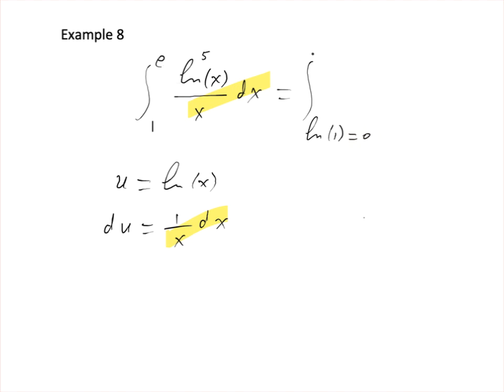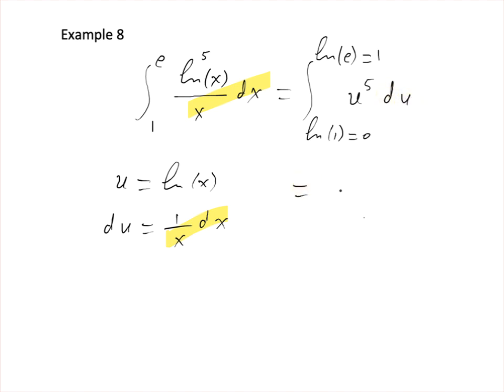When x is e, u is ln of e, which is 1. And then inside you have ln of x raised to the 5th power. So that's u to the 5th power times the rest, which is just du.